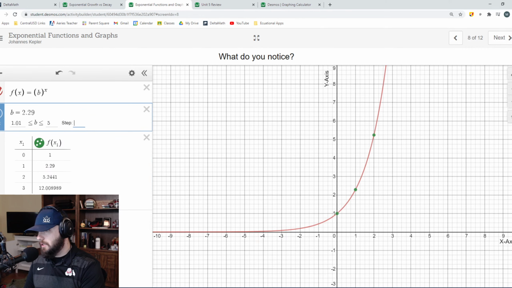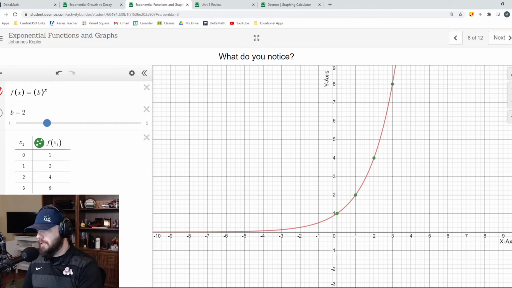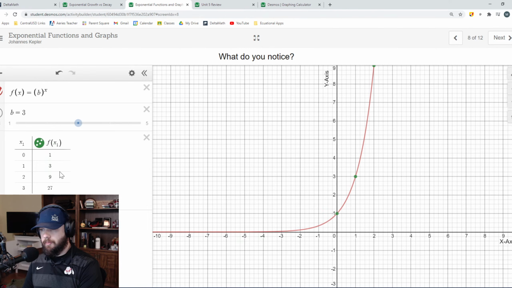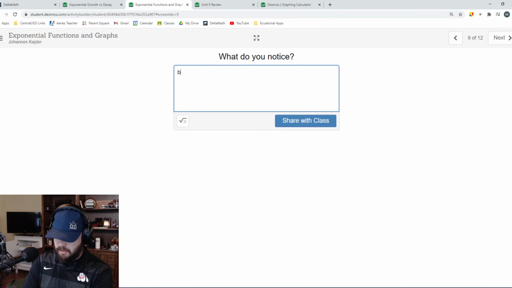If I were to change this, we're going to step by 1, from 1 to 5. If we're at 2s, we're multiplying by 2 every time. If we're at 3s, we're multiplying by 3. 4s, we're multiplying by 4. So on the next slide, you just need to say, b controls how much I multiply by.